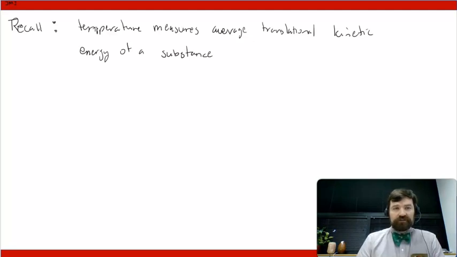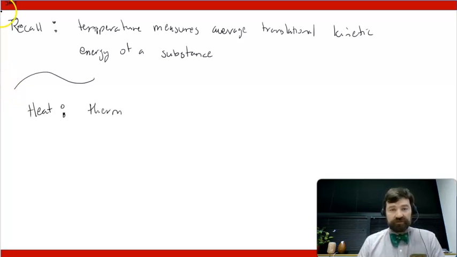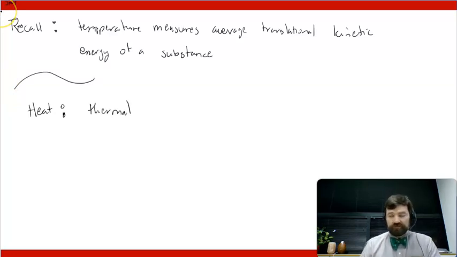So the new topic that's being introduced here is heat. You could think of heat as thermal energy. It's not fair to say it just causes temperature changes because it does other things, but for today's purposes, heat is energy that causes changes in temperature or is due to temperature differences.